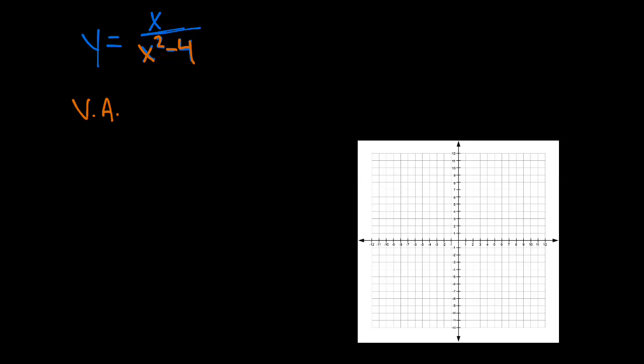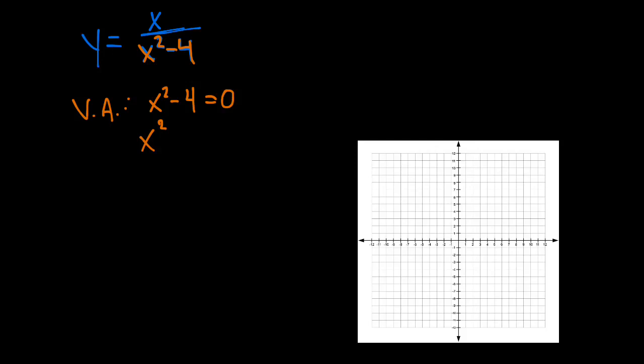So we take x squared minus 4 and set that equal to 0, and we could solve that either by adding 4 to both sides and taking the square root, or by subtracting, or by factoring. I'm going to do it by adding and taking the square roots. But factoring is something that we're going to do a lot of in this chapter.